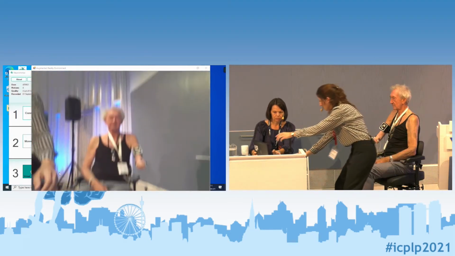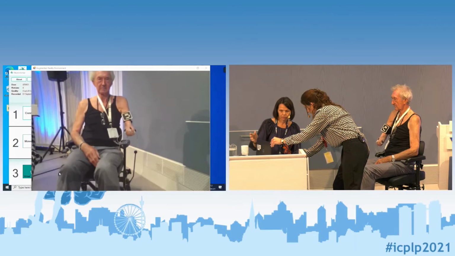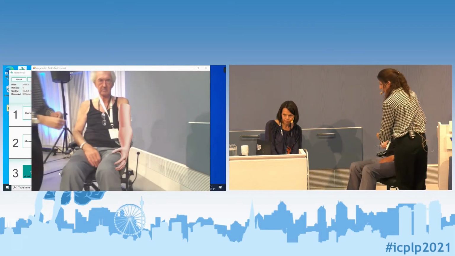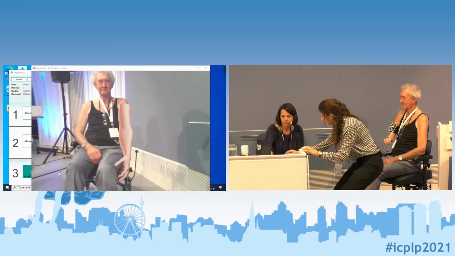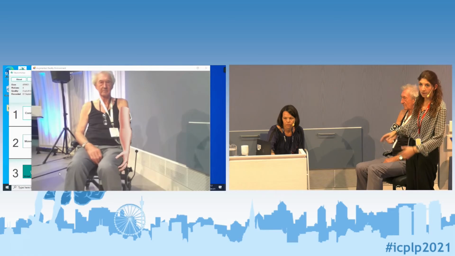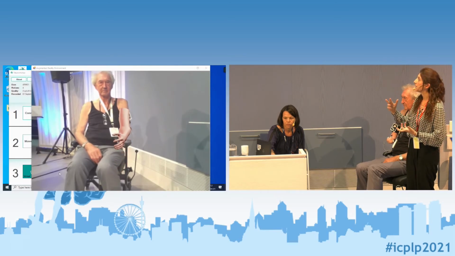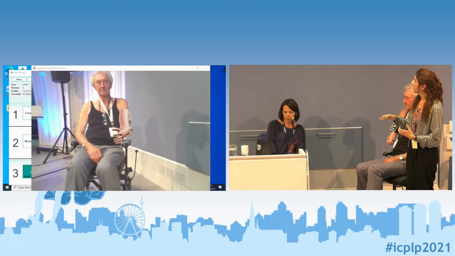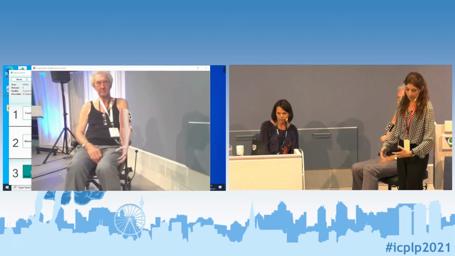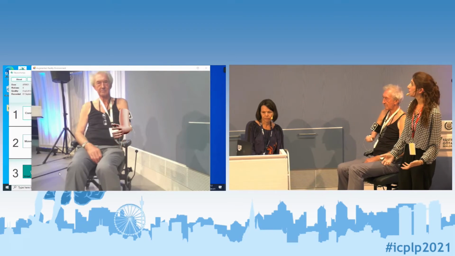Excellent. There you go. So as you see, in augmented reality an arm will appear on the screen, and the idea is that here the patient can practice also with this augmented reality.